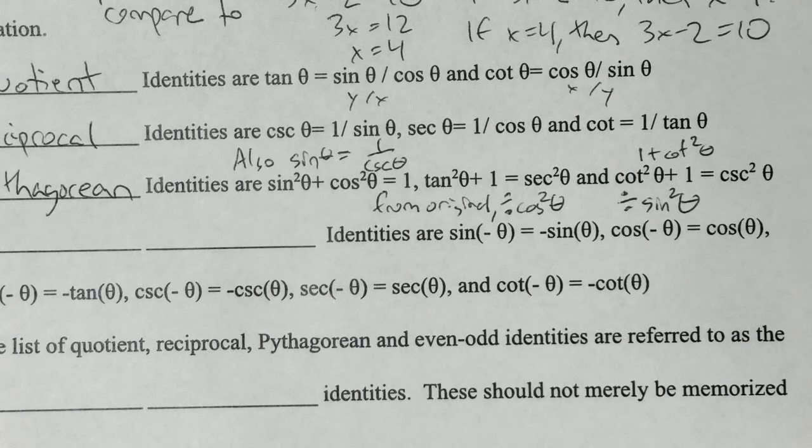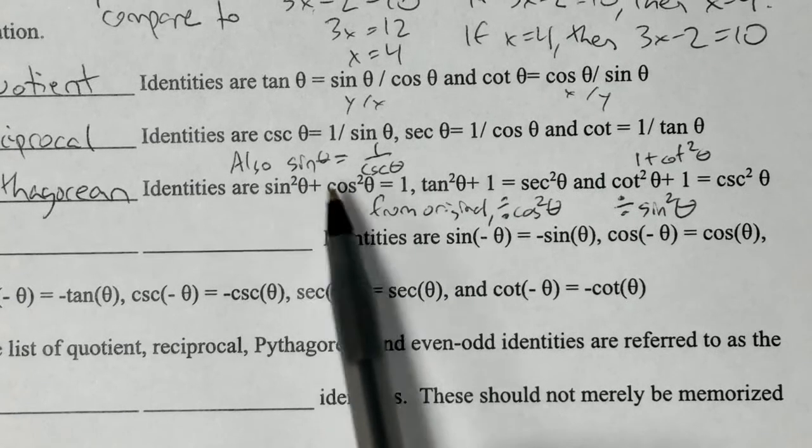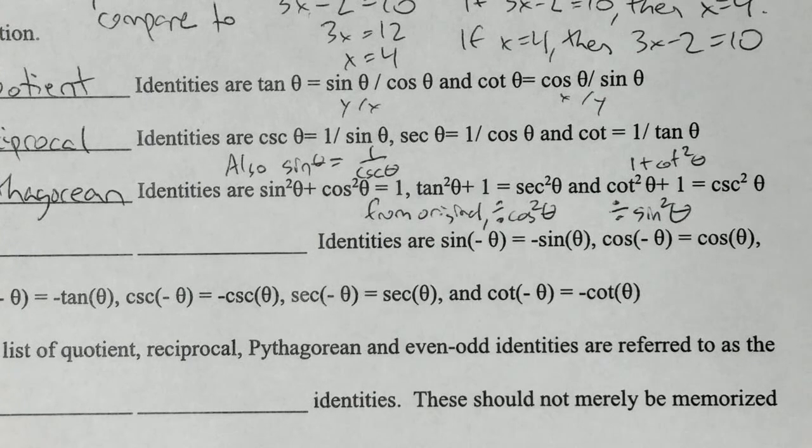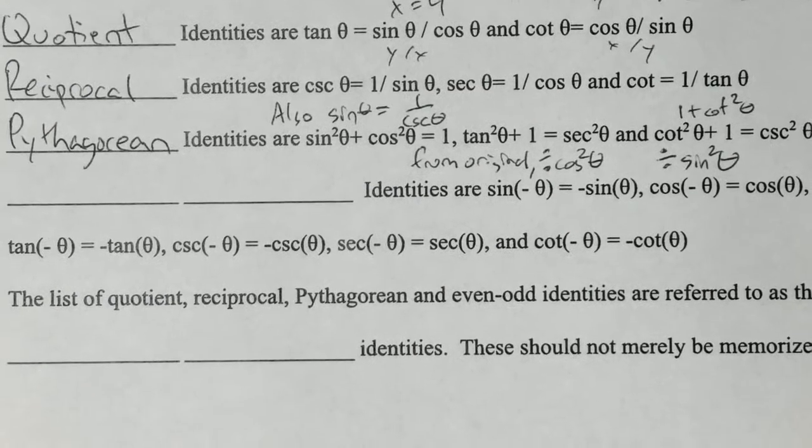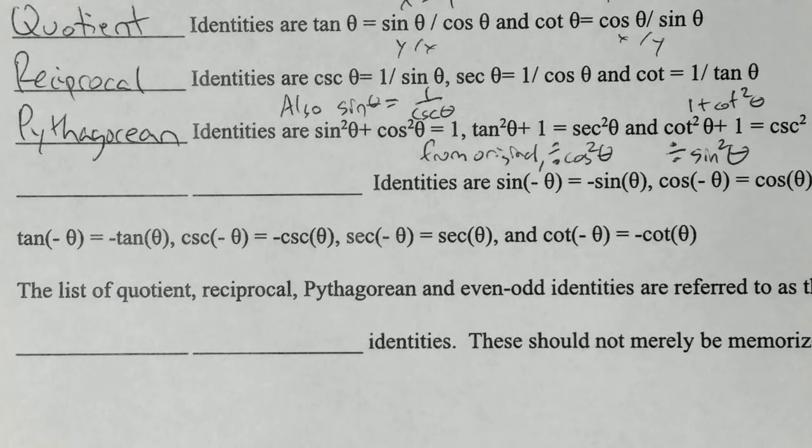There was even a way in a Professor Dave video, which I'll show y'all, about how this was originally x squared plus y squared equal r squared, and we'll show that after this. So those are your Pythagorean identities.